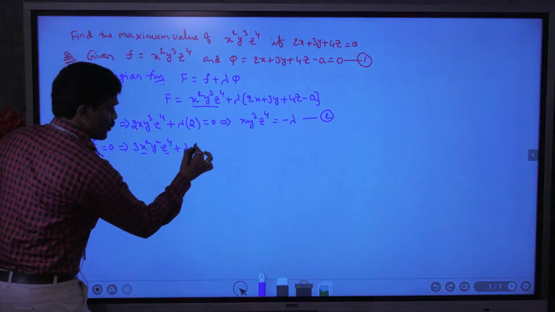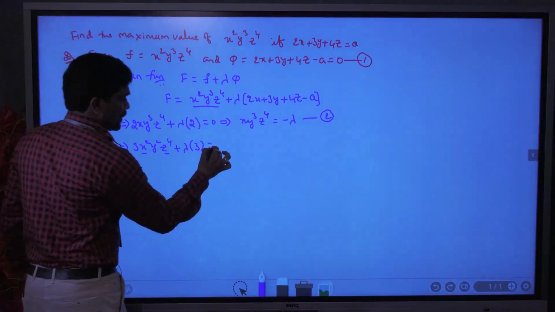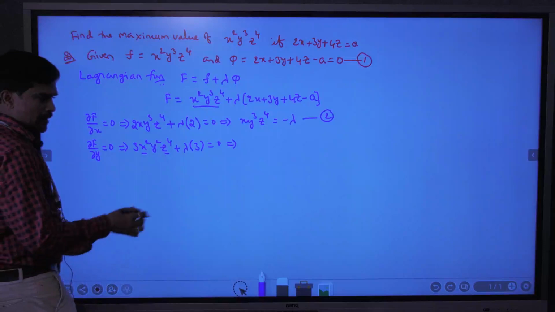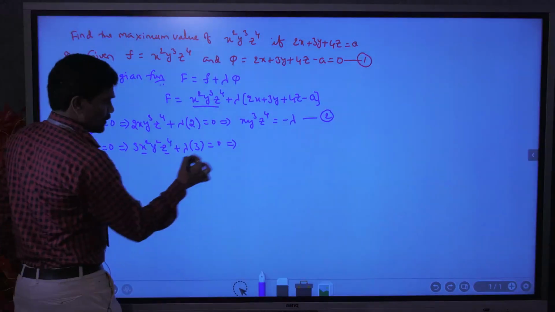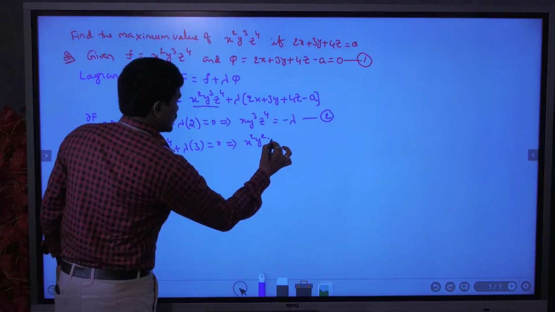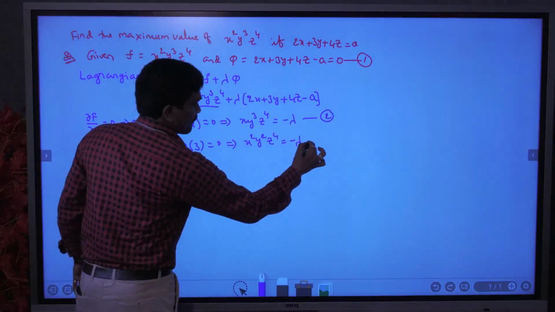Clearly the derivative of 2x is 0, and the derivative of 3y is 3, is equal to 0. Again 3 is common and cancelled. So write x square y square z power 4 is equal to minus lambda.